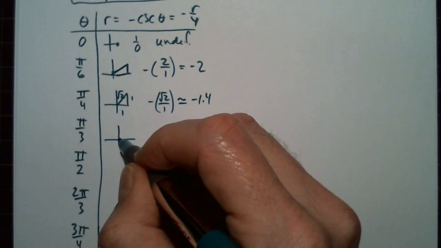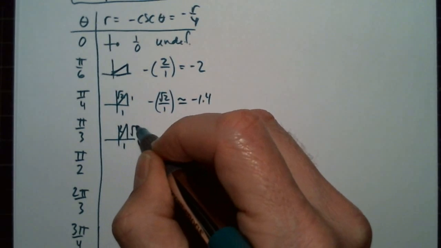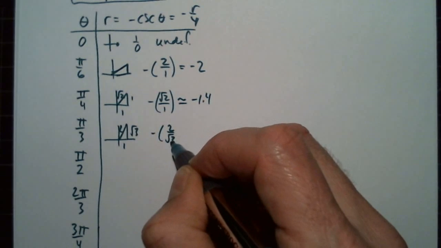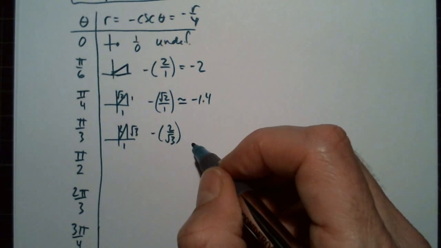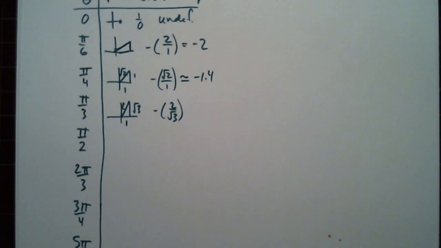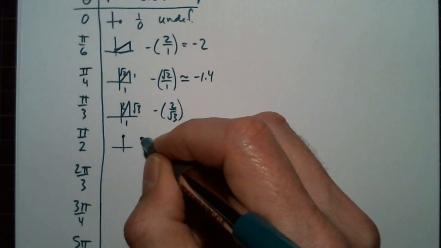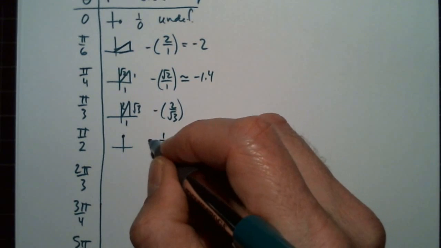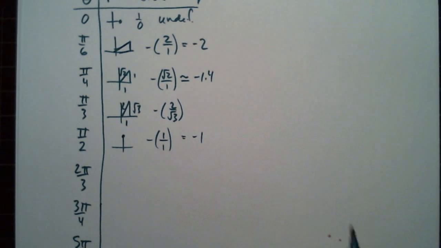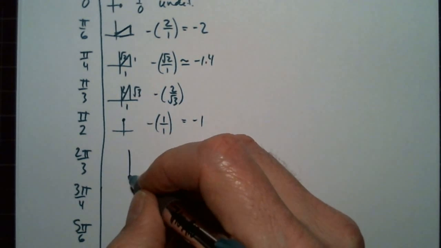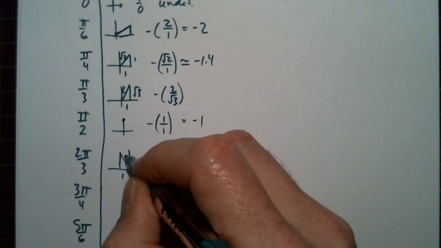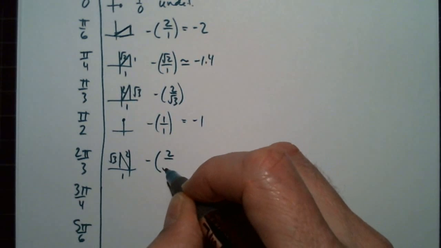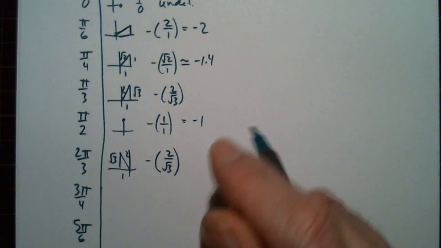Pi over 3 is up here. We need the r of 2 and the y of radical 3. At pi over 2, radius is 1 and y is 1, so we get negative 1. R is 2, 2 over radical 3.